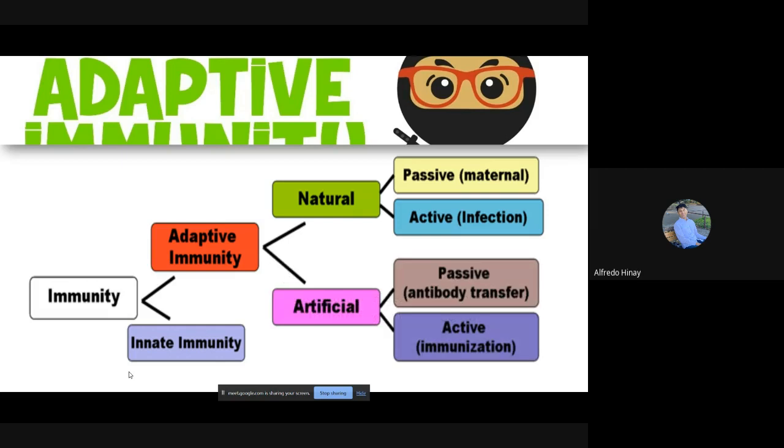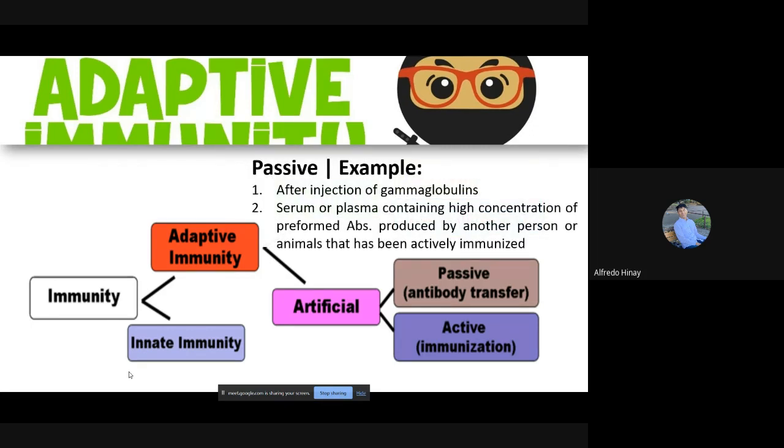Compare with your artificial from the term itself class na artificial. So, hindi siya natural. So, example of your artificial will be under passive after injection of your gamma globulins. Example, ani class with your rabies, di ba? Katong, I don't know if kung nanay naka-experience din na napakan ng iro, di ba? Pag napakan kag iro, kay pag madto ka sa imuhang rabies center, they will try to have a post-exposure vaccination.